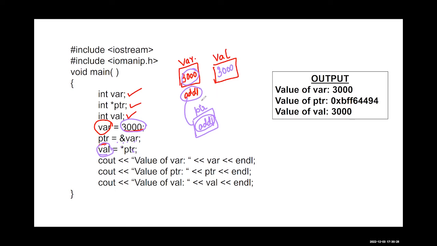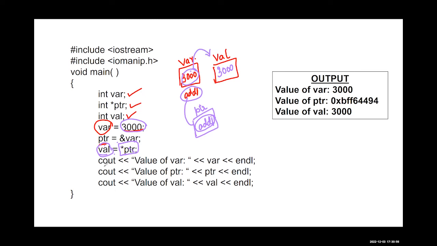Understand? val and var are normal variables. Pointer is holding the address of var. Now when I say val is equal to star pointer, the content of the pointer, which is of course an address, and whatever content is at that address is going to get stored in the other variable. That is, the content of pointer is address 1. At address 1 I have the value 3000. That 3000 is going to get stored in val.